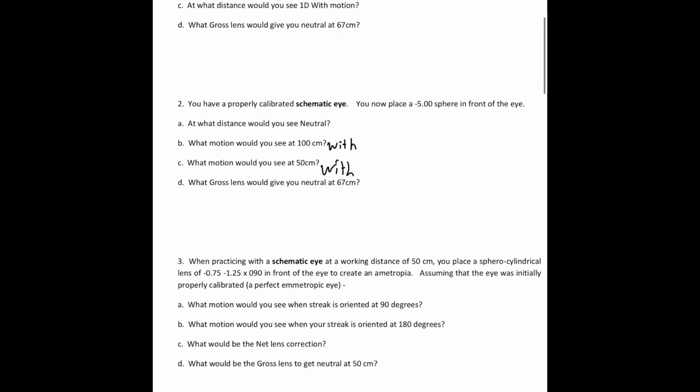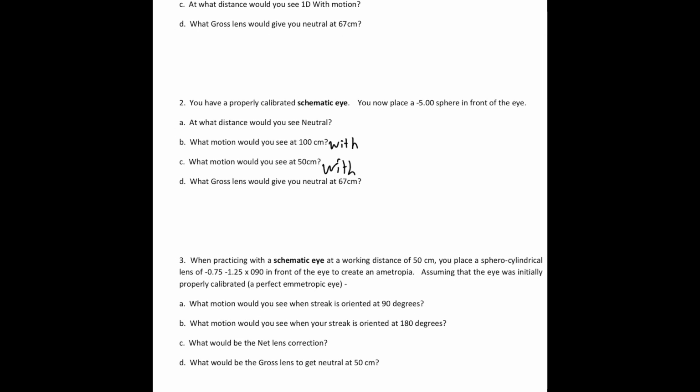So I already know the answers to these are with and with, but I'll make the question a little bit more difficult and say, how much with motion would you see at 100 centimeters? So if we correlate 100 centimeters to a working distance, we know 100 over 100 equals 1. So what that means is this is our working distance. Our gross is what we're solving for.